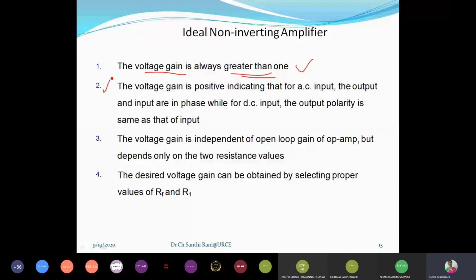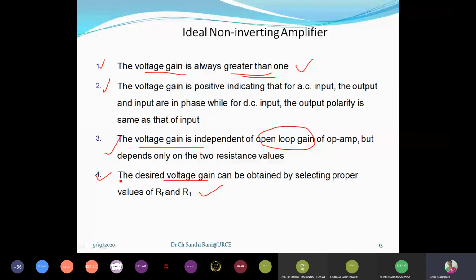Then there is no phase shift. It is the same for both input and output. And the voltage gain is independent of open loop gain, like in the previous case, and the voltage gain can be controlled by using the values of resistors RF and R1.